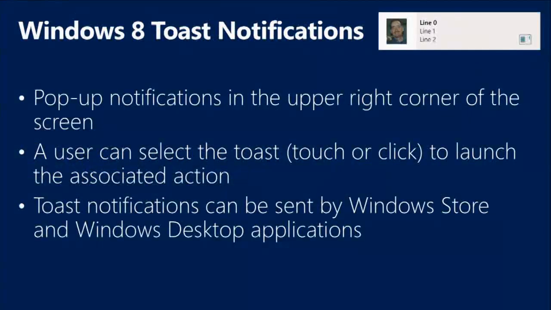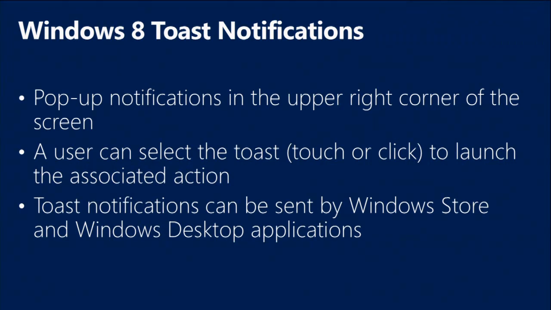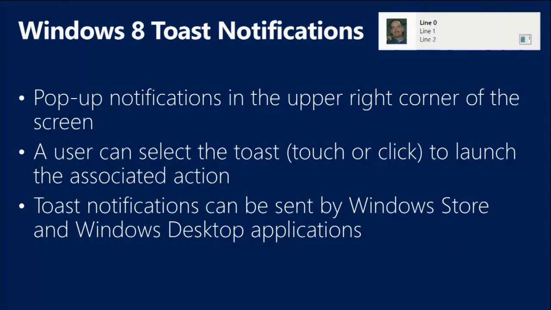And then another thing that you can use if your WPF application is running on a Windows 8 machine and then it is touch, are the Windows 8 toast notifications. So you see, it's like that notification you're seeing here, similar to the notification you can get using Outlook.